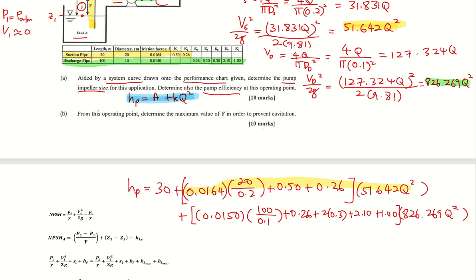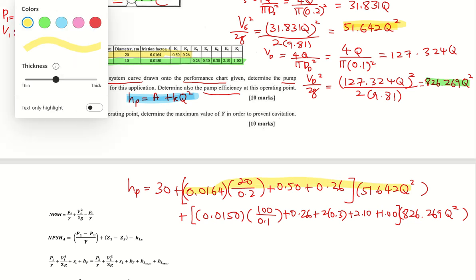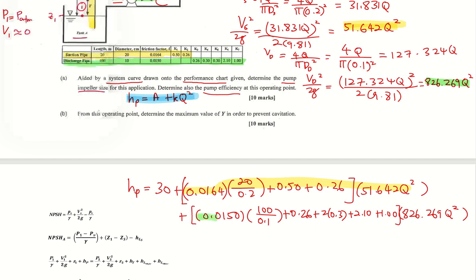Okay, remember you calculate for suction pipe and discharge pipe separately, because later you need to use it for question B. One of them you need to use it for question B, which is for the suction pipe. All right. So HP equals to 30 plus. So what do we get here? Please calculate.